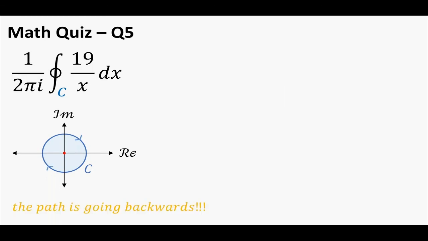Okay, let's go to number 5. This is probably a simpler version of what we just did. I'm just going to guess it's 19. But wait, the path is going backwards.